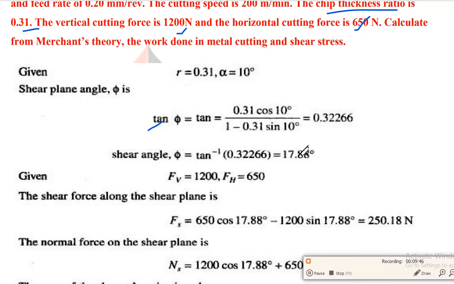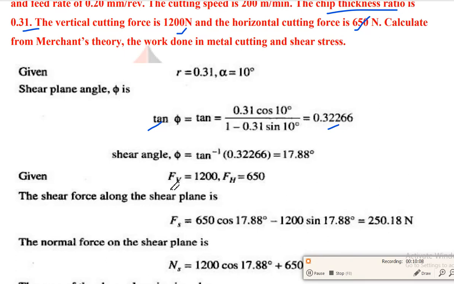From there we get the value of tan phi is equal to 0.3226, and if we find the shear angle, phi is equal to tan inverse of the given value 0.3226, and we will get phi is equal to 17.88 degrees.